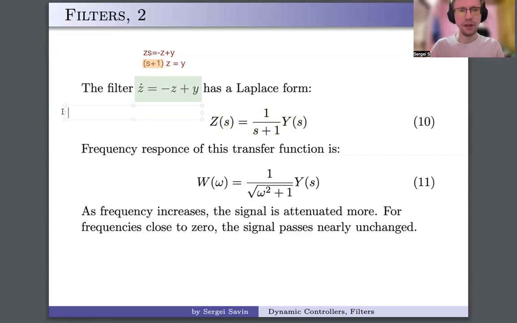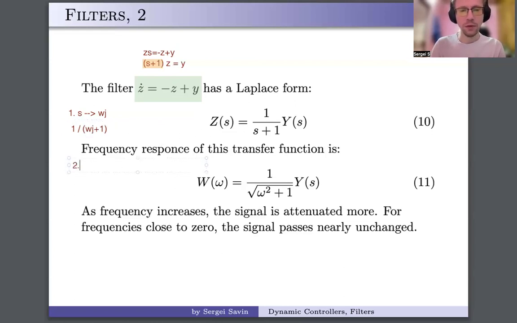Well, first step, I will just remind you, first step is replace s with omega j, where omega is your frequency, j is the imaginary number. Okay, so after the first step, you would get 1 over omega j plus 1 as your transfer function.